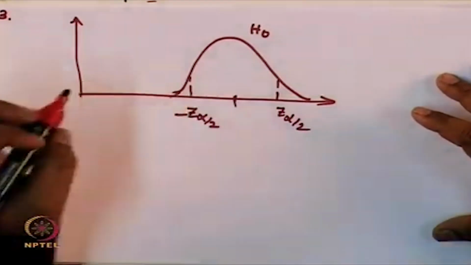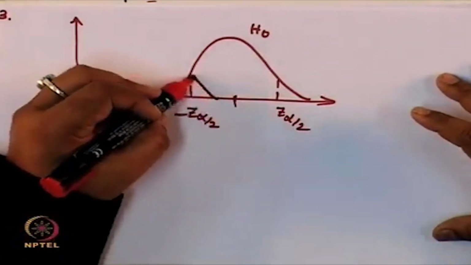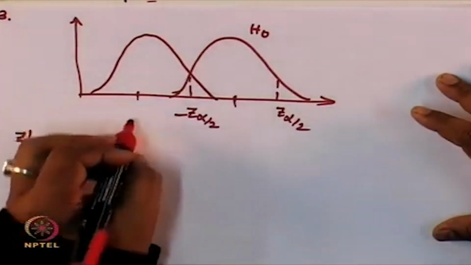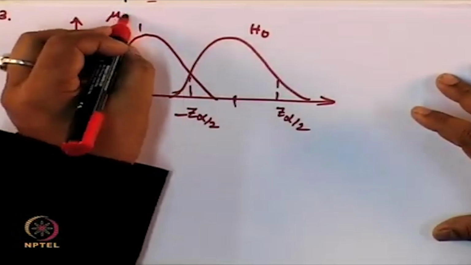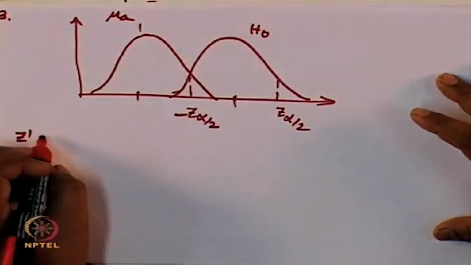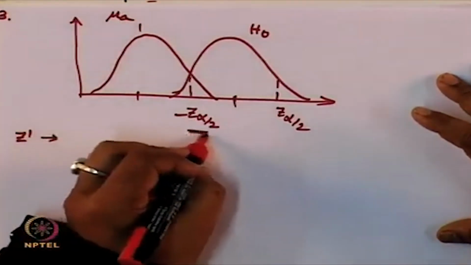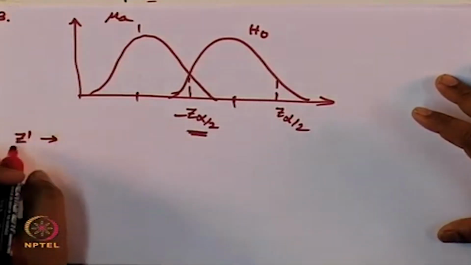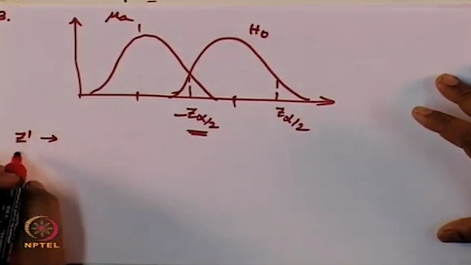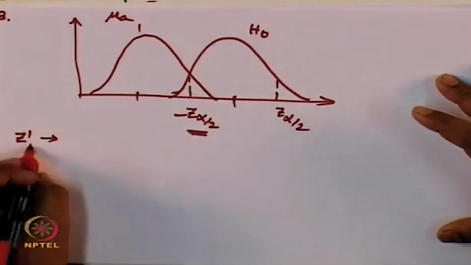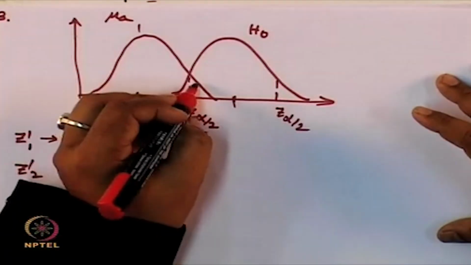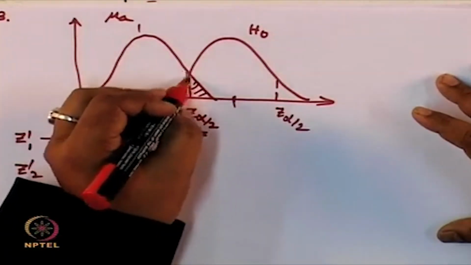Corresponding to these values of z, you have to calculate z prime. So, let us say this corresponds to mu of a. You have to calculate z prime using these values of z of alpha by 2. Using these you will get z prime 1 and z prime 2, and using this you can calculate this area under the curve, which is your beta.